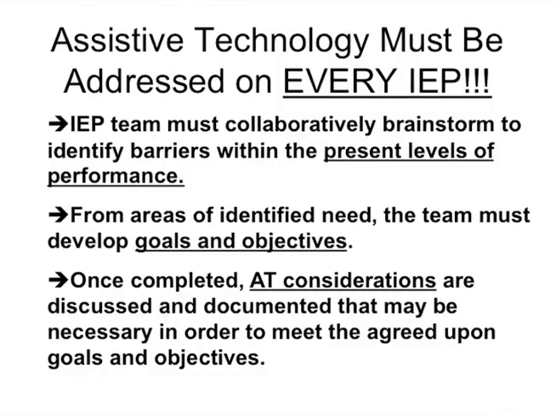In other words, what is the individual doing well right now, and then what is hindering that individual from moving further. We also, from that information, want to develop very specific goals and objectives that relate to that person. Once we have the specific goals and objectives developed, we want to then consider what precise AT will help that person perform best and meet his or her goals.